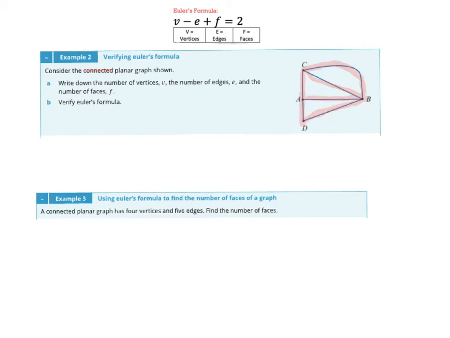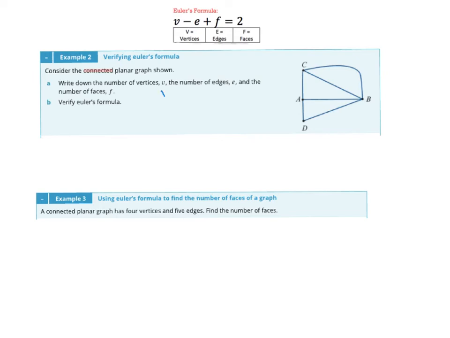So you can see I don't have to lift it off. So it's all connected, that one. And the planar graph, we can see that no edges are crossing each other except at the vertices, so that makes it planar. All right, so going back to, let's write down the number of vertices, the number of edges, and the number of faces.